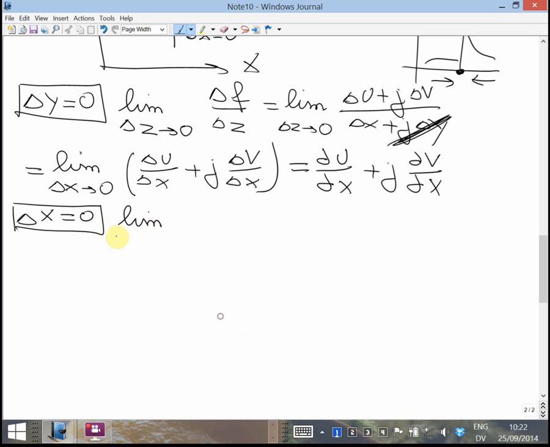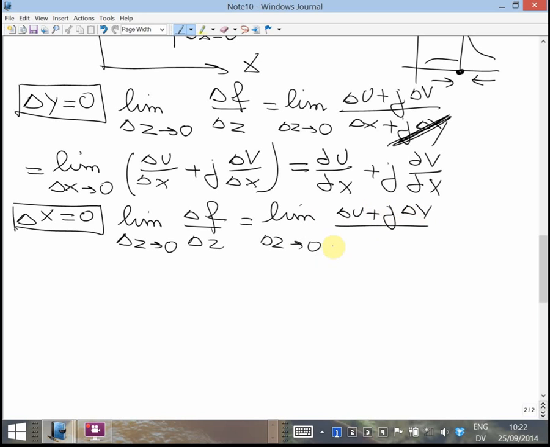We again have, of course, the limit of delta z going towards 0 of df over dz, which is the limit of delta z going to 0 of delta u plus j delta v divided by delta x plus j delta y. But in this case, we throw out delta x because delta x is equal to 0.